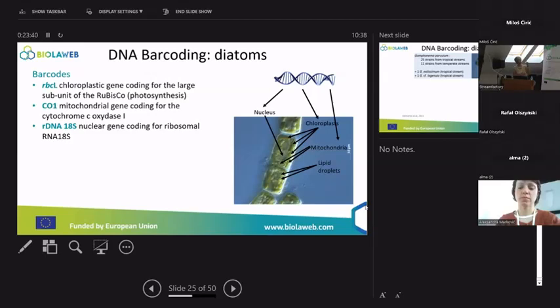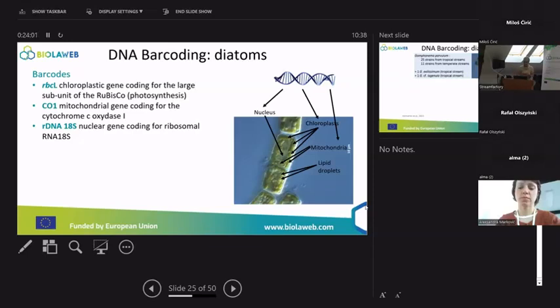You have mitochondria, where you have the COX-1 mitochondrial gene, and you can also find the RBCL, which is a chloroplastic gene, coding for the large subunit of the Rubisco, which is an enzyme used in photosynthesis.